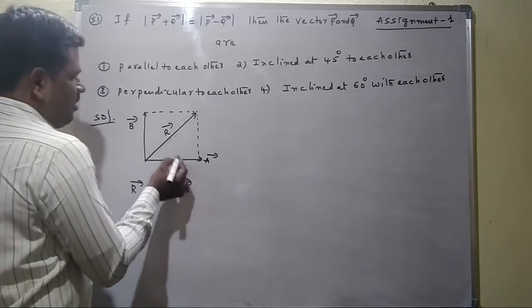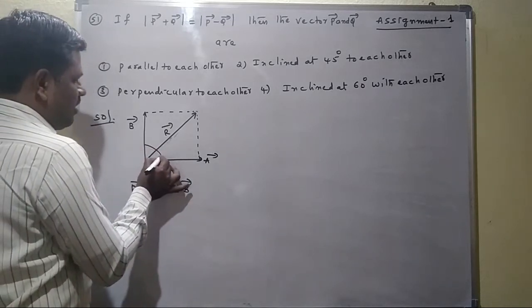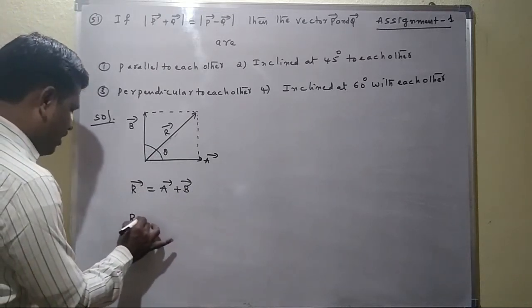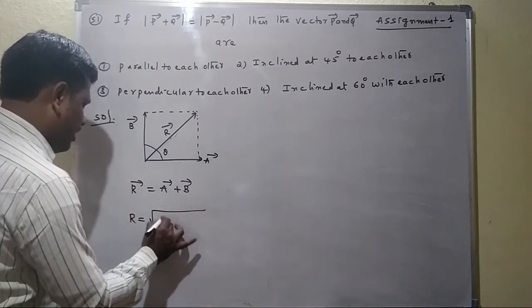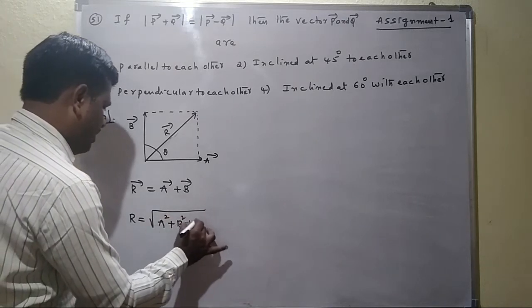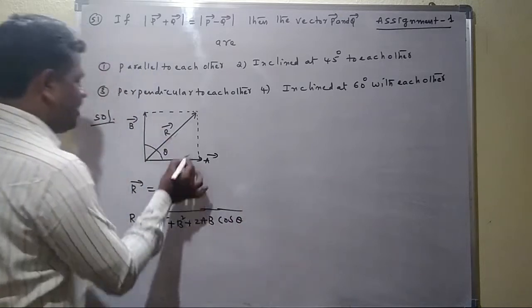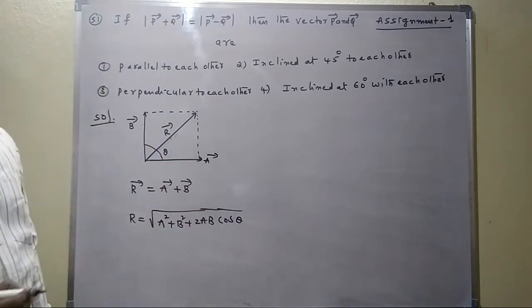Now suppose the angle between a bar and b bar is theta. The magnitude of r can be written as r is equal to under root of a square plus b square plus 2ab cos theta, where theta is the angle between a bar and b bar.